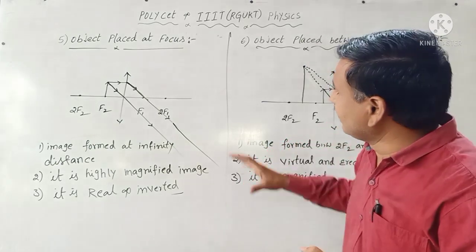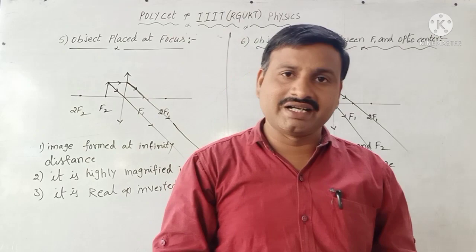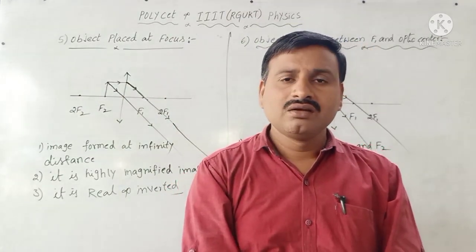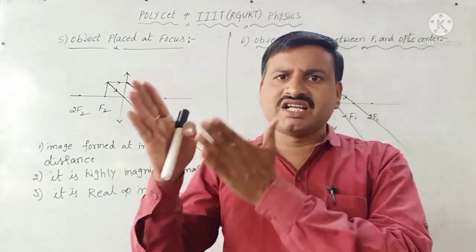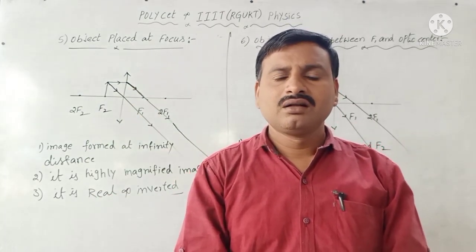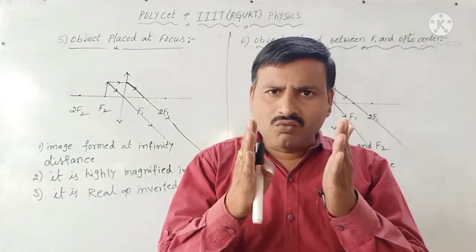Finally, in total we discussed the 6 situations. What do you understand from these 6 situations? When the object is placed at infinity distance, the image is formed at focus. Then to the last situation, what do you understand?